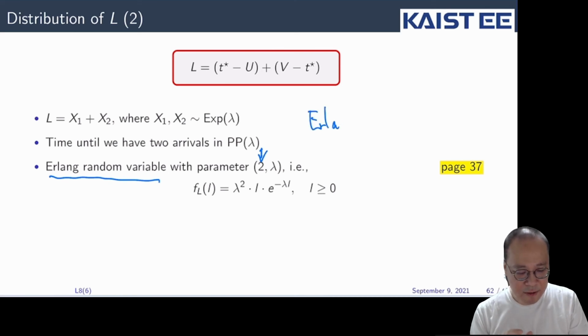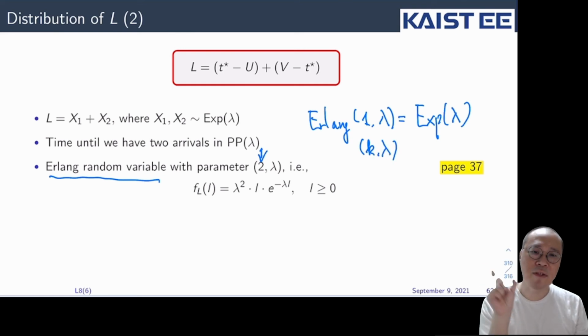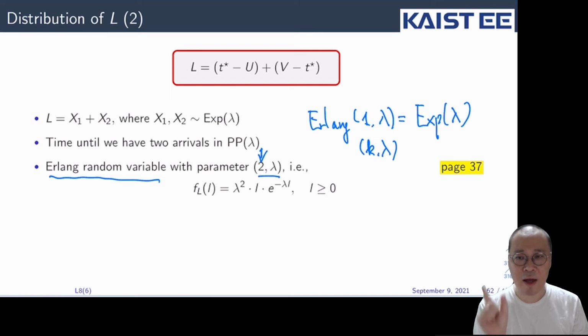Remember, the Erlang random variable is a general version of the exponential random variable. Generally, the arrival time until we have k arrivals is Erlang with parameters k comma lambda. But here in this case, we have 2 comma lambda.